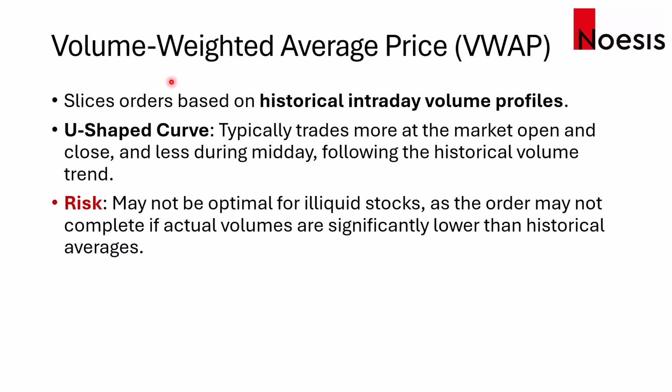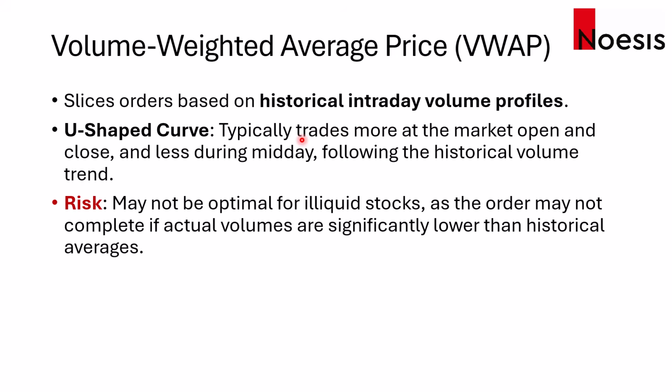Now let's focus specifically on the volume-weighted average price or VWAP algorithm. This strategy works by slicing your total order into smaller pieces based on historical intraday volume profiles. It essentially looks at how a stock has typically traded in the past to decide how to trade it today.